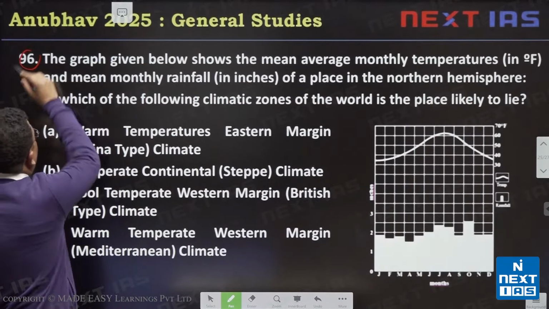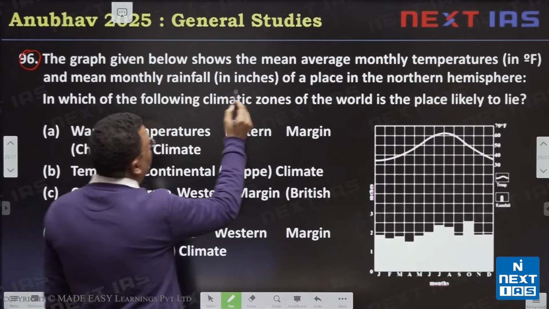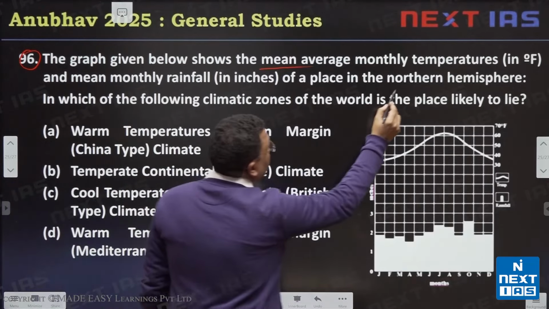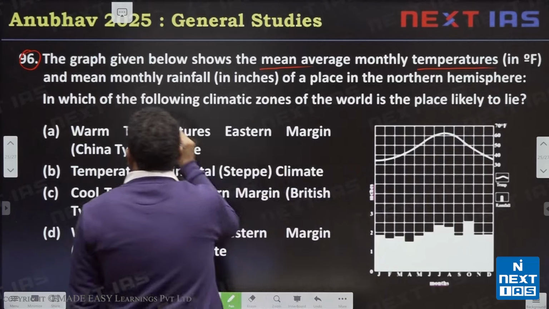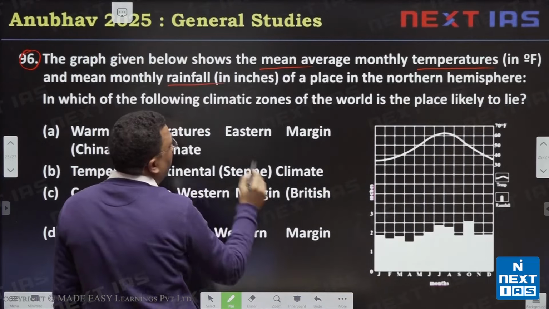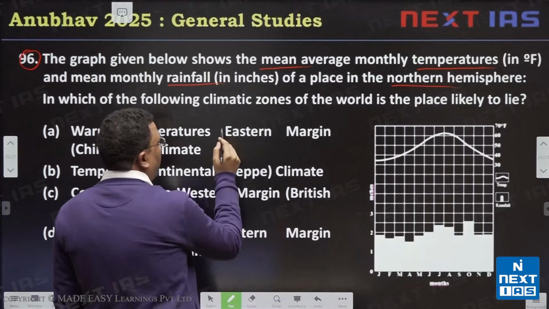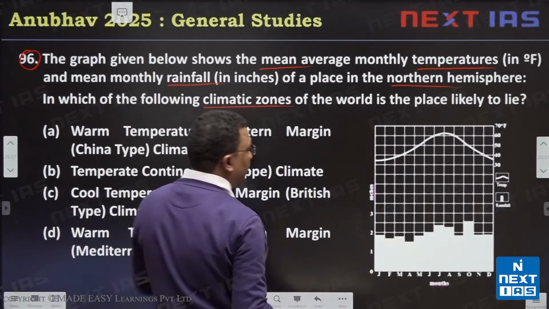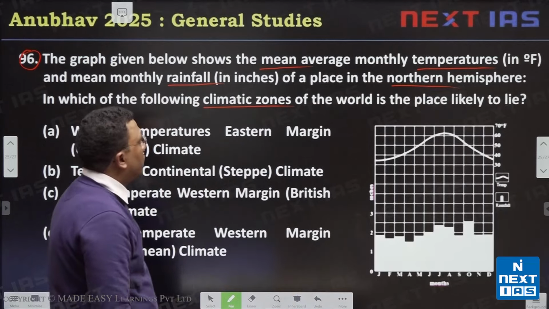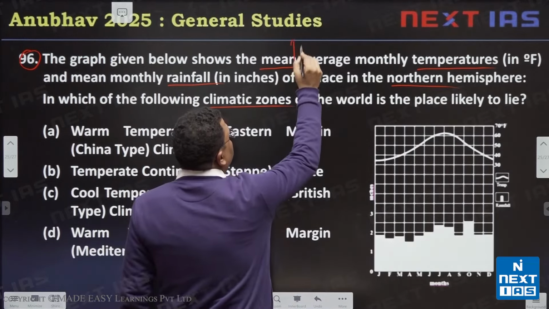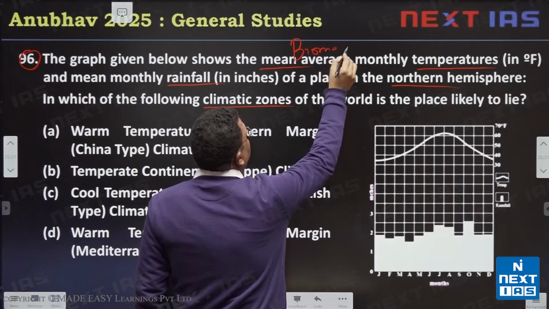This is question 96. The graph given below shows the mean average monthly temperature and mean monthly rainfall of a place in the northern hemisphere. In which of the following climatic zones of the world is the place likely to lie? So if you see, this is a question from the topic biome, right?